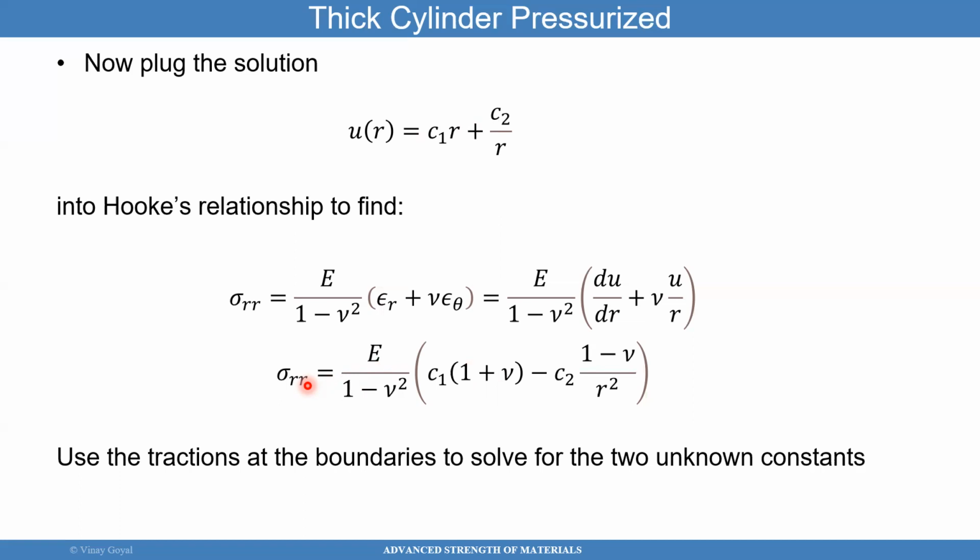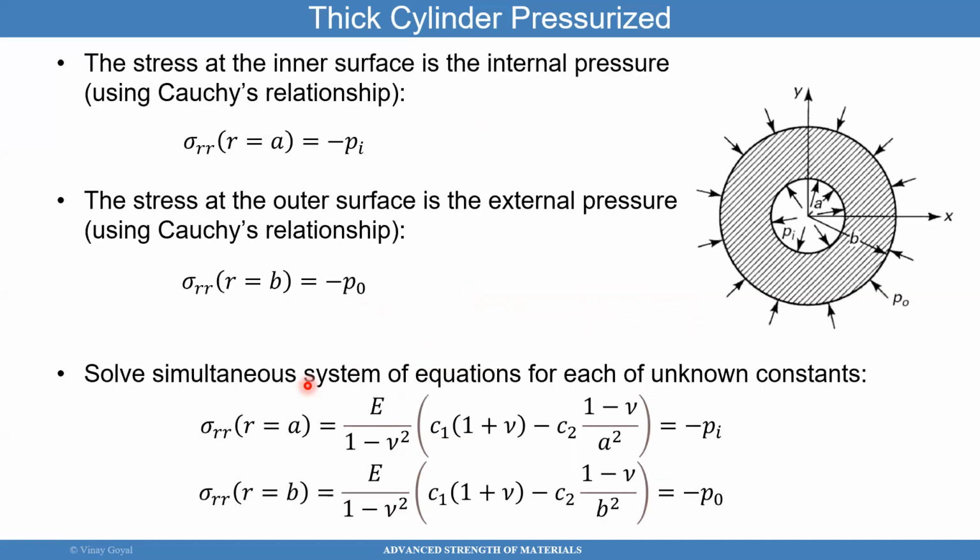It has to be, because remember Cauchy's relationship where traction equals sigma times the normal? Well, sigma RR and the normal to the surface are perfectly aligned, so the tractions are aligned with stress sigma RR.